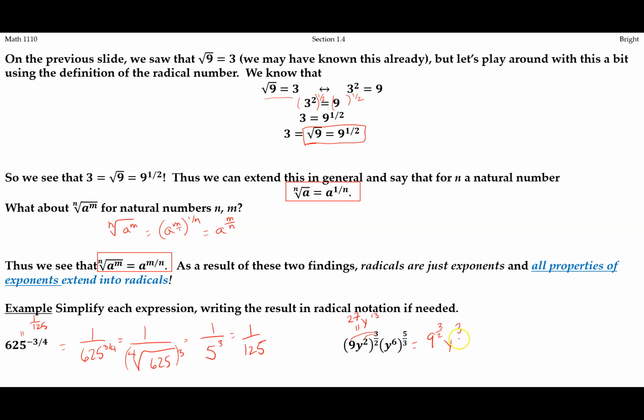And similarly here, this would be y to the 30 over 3, or 10 power. Now all I have to do is simplify the y's. That'd be y to the 10th power, and then 9 to the 3 halves, I'm going to write that out as the square root of 9 to the 3rd power. Well, I know the square root of 9 is 3, right? And 3 to the 3rd power is indeed 27y to the 10th.